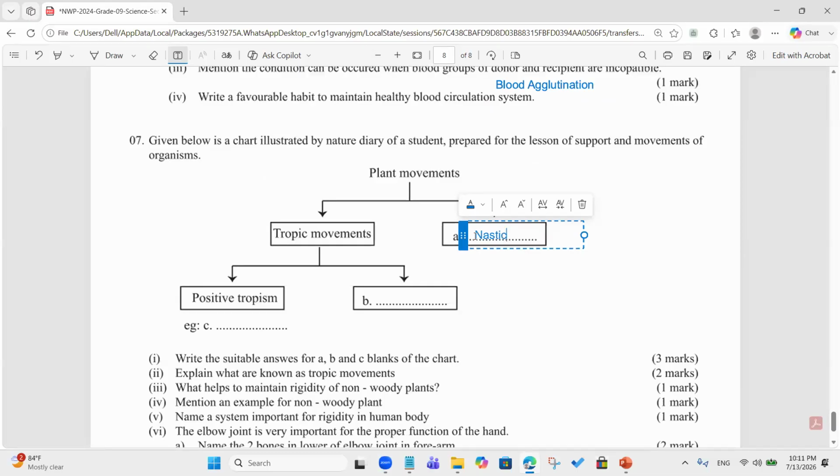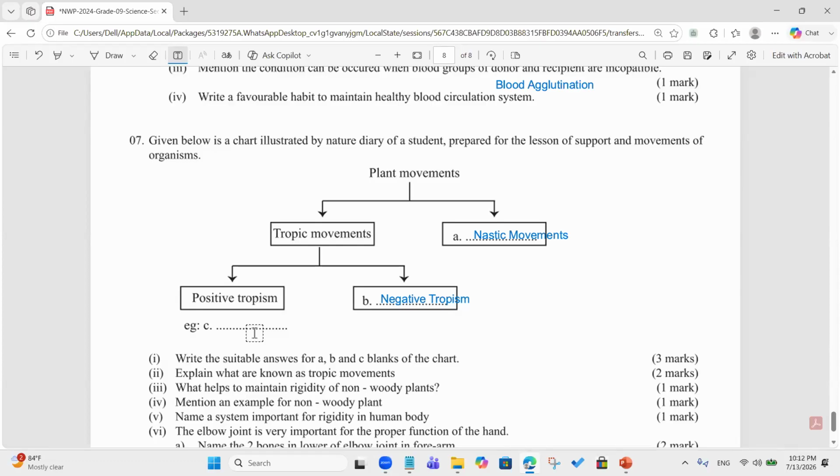We call them nastic movements, right? Next one, tropic movements further divide as positive tropism and what would be this? Negative tropism. Negative tropism, right?